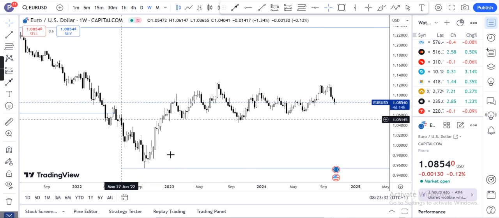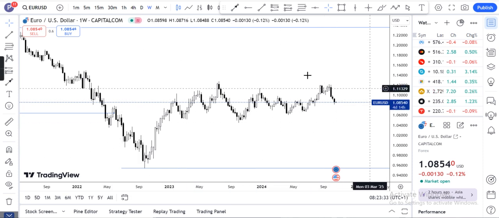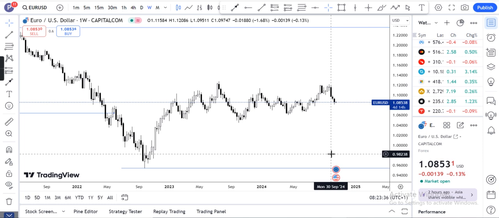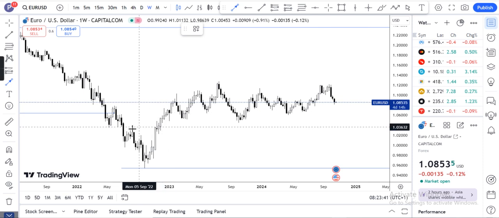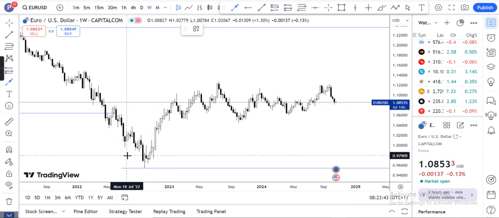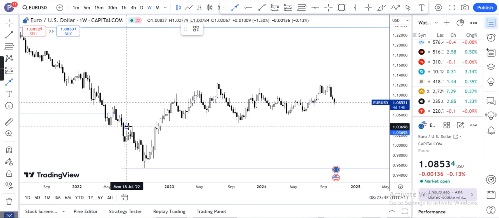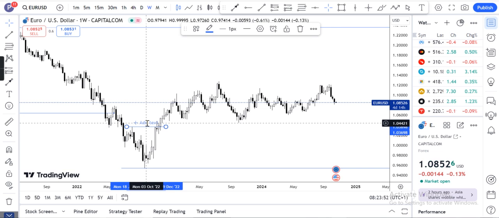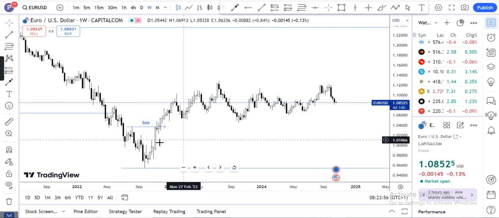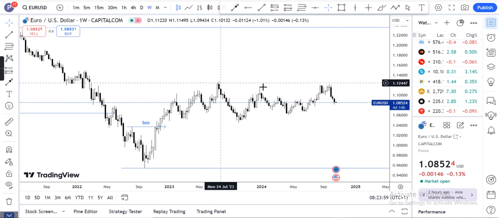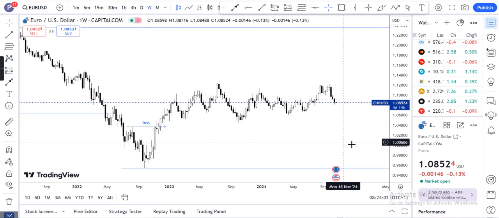We now want to understand what is going on within this area. The first thing we can clearly see is all these little structures being broken to the upside. So we have this clear break of structure to the upside, where we want to see a reaction when market gets into the 0.618 level or around here.